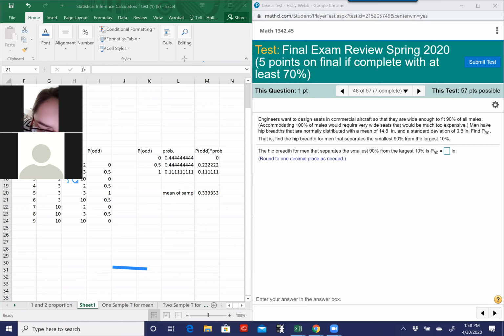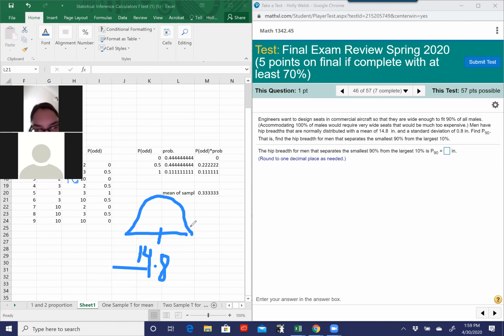Let me pause recording for just a second. So we're going to draw a normal curve here. We're going to put our mean of 14.8 right in the middle.